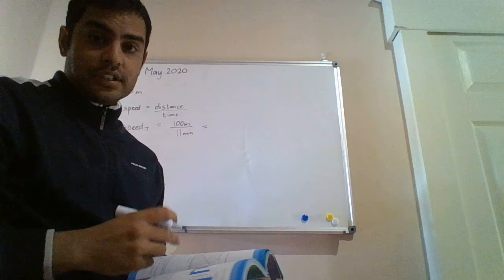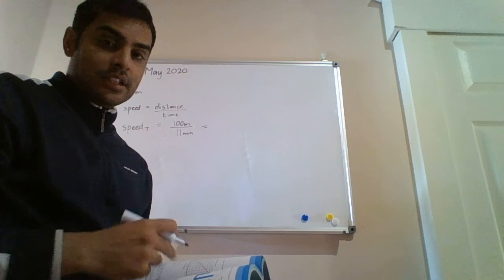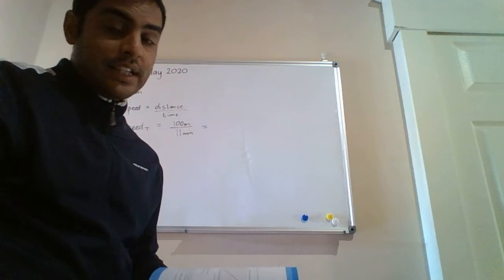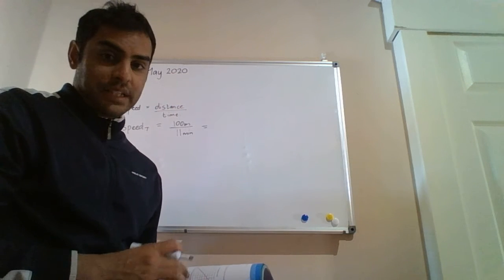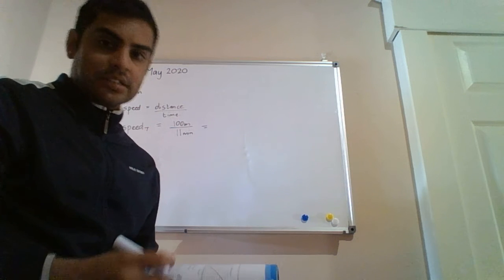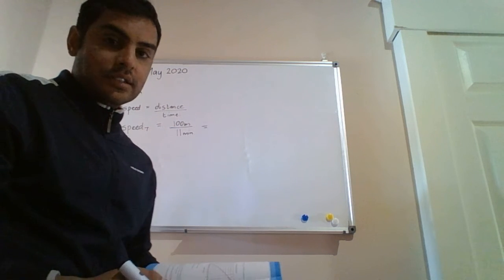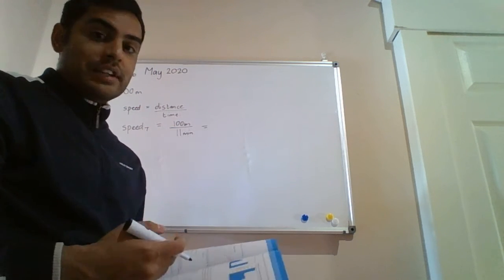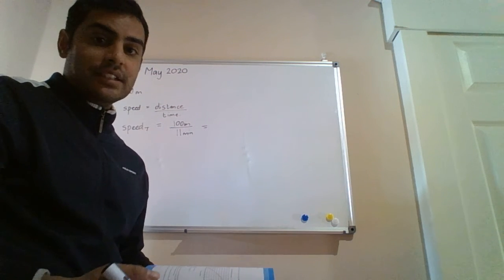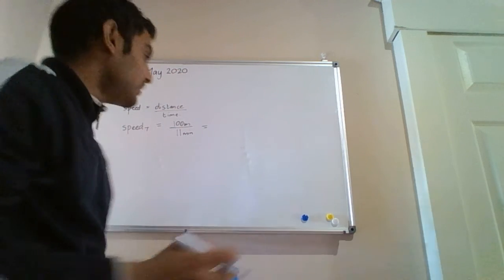So I'm going to convert the minutes to seconds, because meters per second, like kilometers per hour, is a common unit for speed. Very rarely do we have kilometers per minute or meters per minute. So you don't necessarily have to do this conversion in questions, but I'm just doing it to show you because it is quite a commonly asked question.